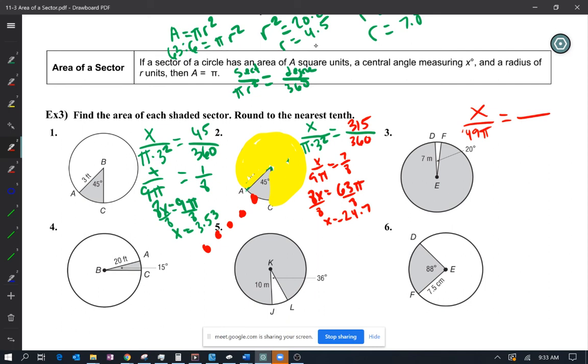If that's 20 degrees, then the shaded area is the opposite, so 360 minus 20 is 340 over 360. So I get x over 49 pi.